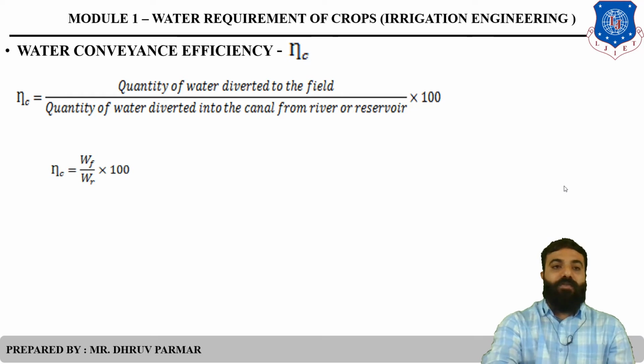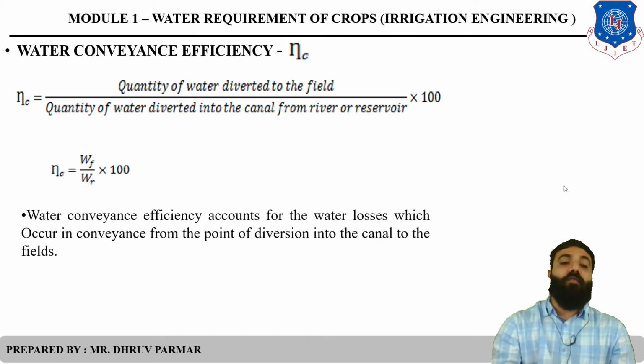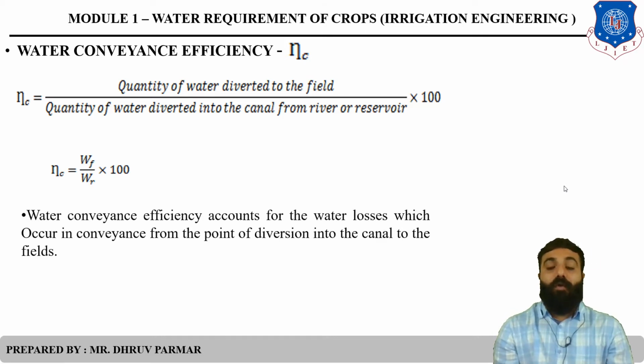That ratio, that efficiency, is called water conveyance efficiency. Clear? It is indicated by Wf, water diverted to the field, divided by Wr, where R stands for river or reservoir, multiplied by 100. So we can easily find out water conveyance efficiency. Water conveyance efficiency accounts for the water losses which occur in conveyance from the point of diversion into the canal to the field. Clear? It indicates how much water is lost due to conveyance.